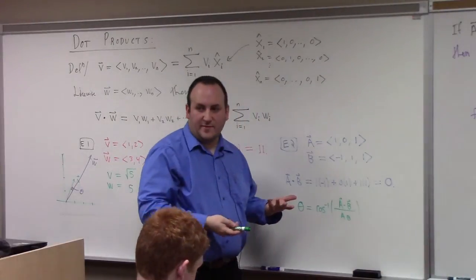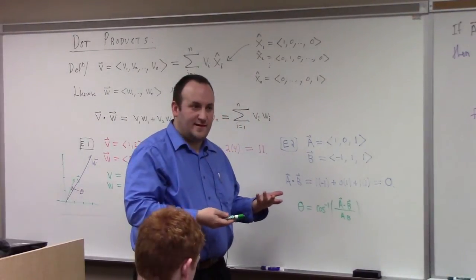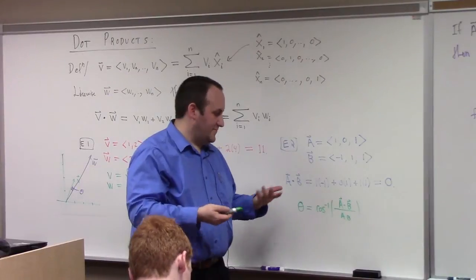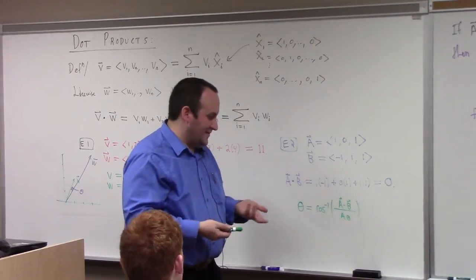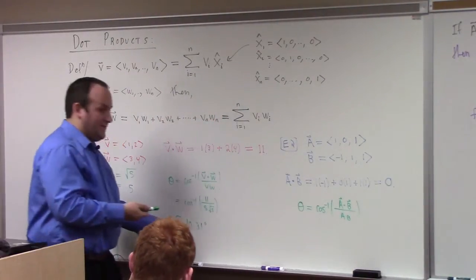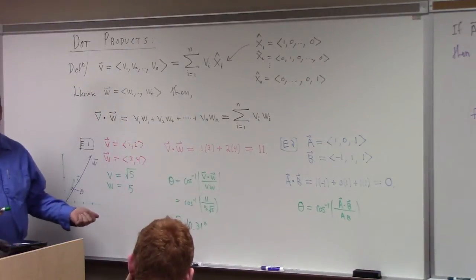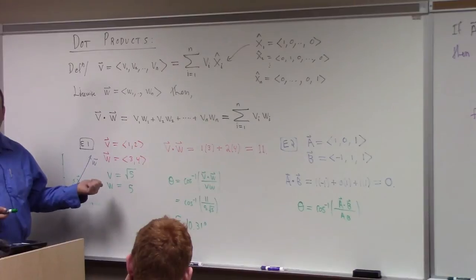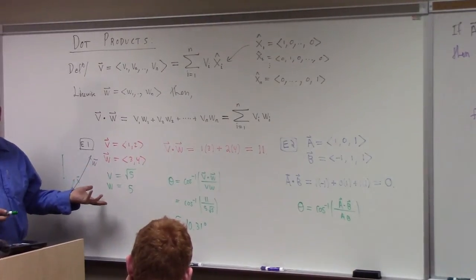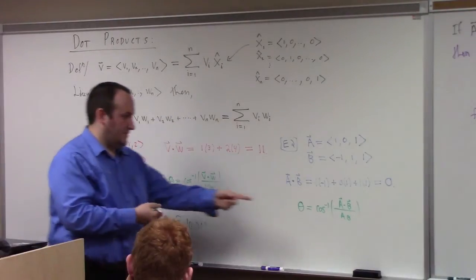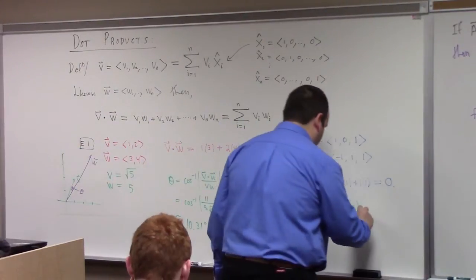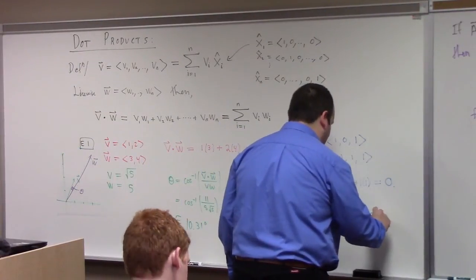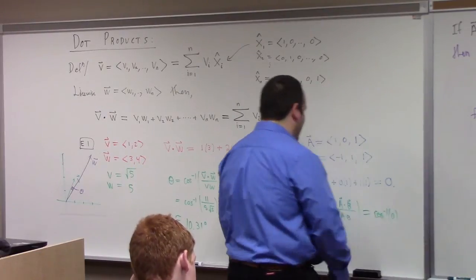Of course, given graph paper and enough patience, maybe somebody pays you $1 or something, you could figure this out with trigonometry. But my point is we don't have to do that because we have a dot product. Don't have to draw a picture at all, right? It's algebra. Here, what do we got? Oh, this one I don't need a calculator for. This is cosine inverse of 0, right?